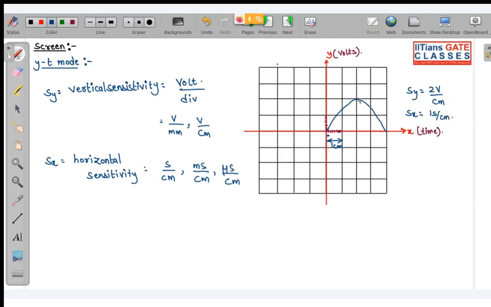What is the peak value of this signal and what is the time period of this signal? I have drawn this for the half wave, the positive half cycle. The negative half cycle I haven't drawn. So can you tell me? This is not exactly looking like a sinusoid.